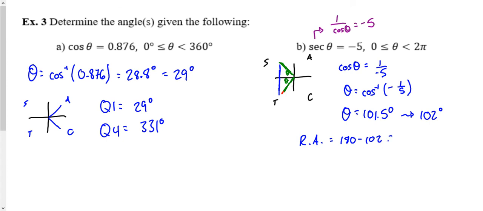So that's why we're doing this. So 180 minus 102, that's 78 degrees. So therefore in quadrant 2, we're equal to 102 degrees. And in quadrant 3, we are 180 plus 102, so we are now at 258 degrees.